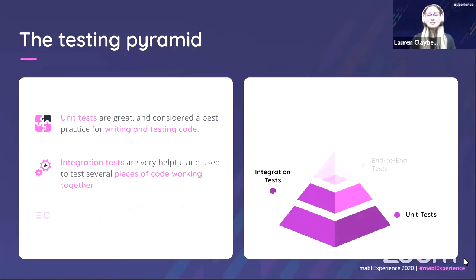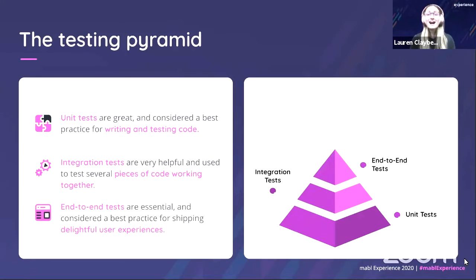And finally, once you have integration tests, the kind of highest level is the end-to-end tests. So these are moving away from testing code and primarily focusing on testing the user experience, making sure that the workflows that your users go through every day are tested and working correctly.